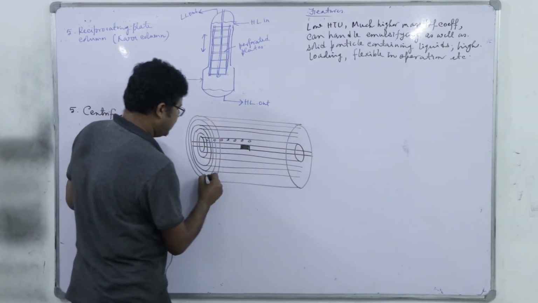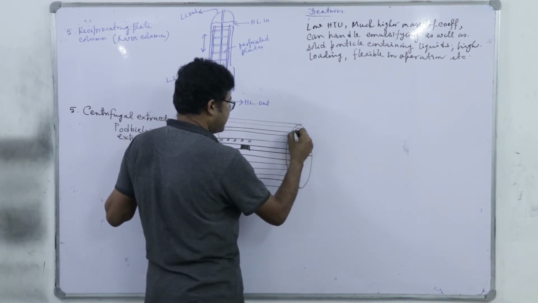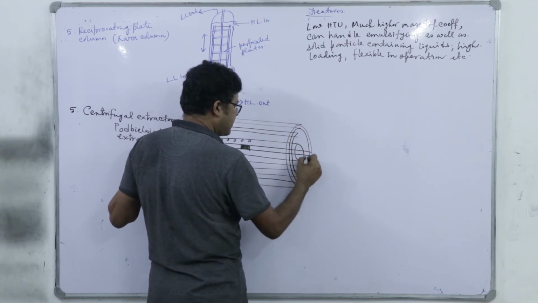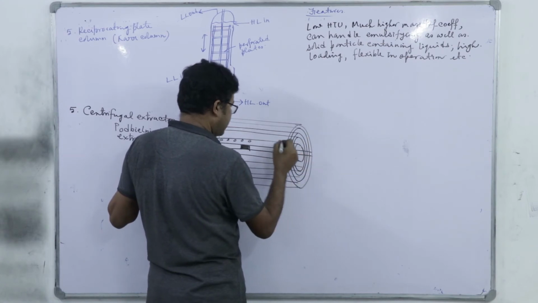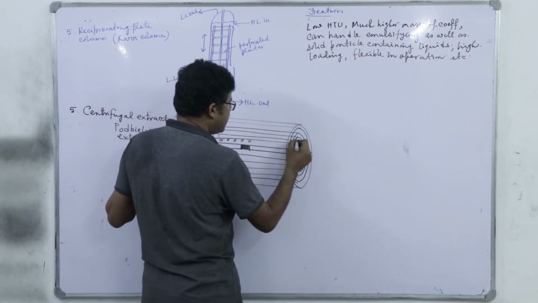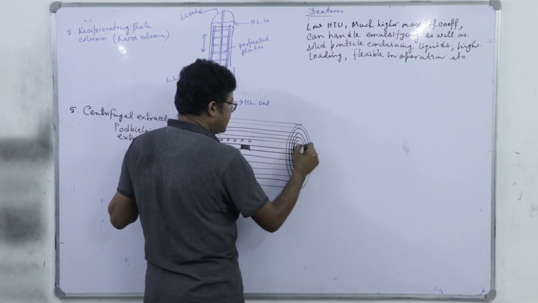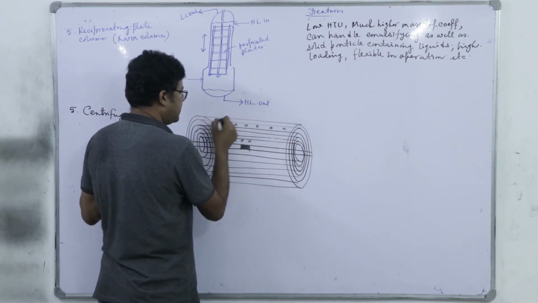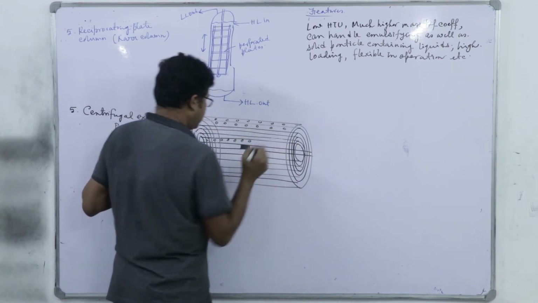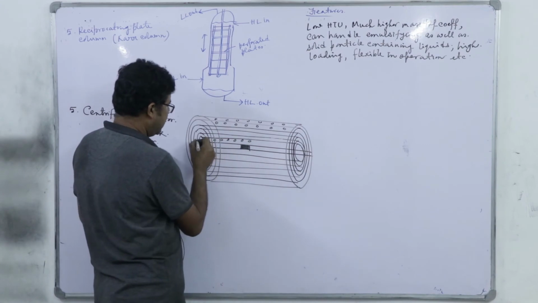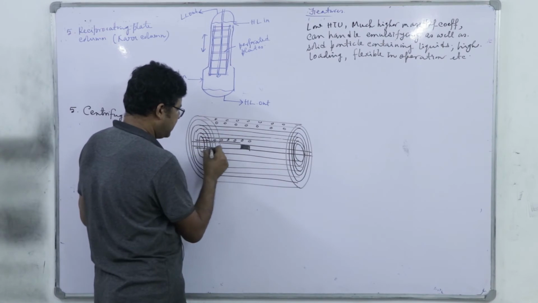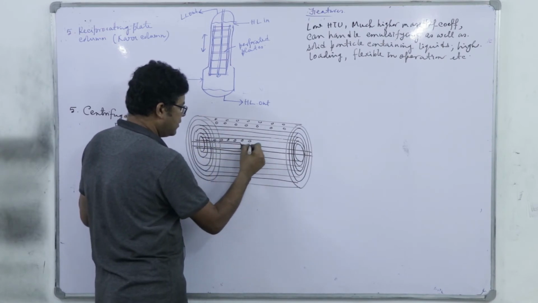Like this. So these are all perforated. Now the shaft also has an annular entry, an annular section like this.